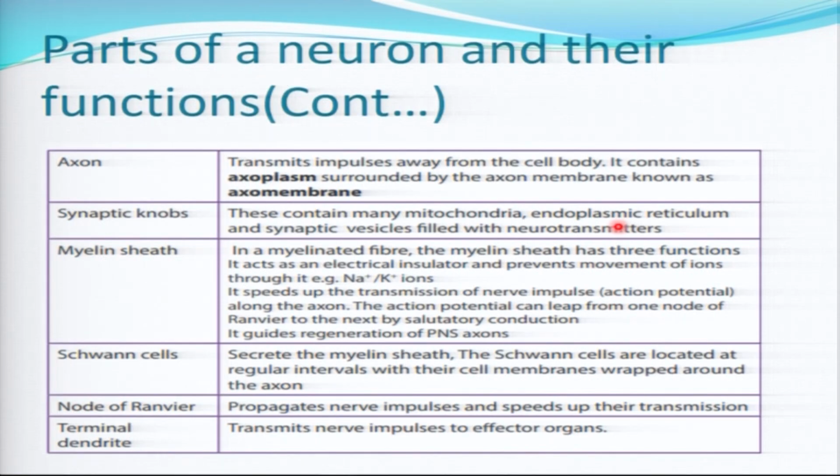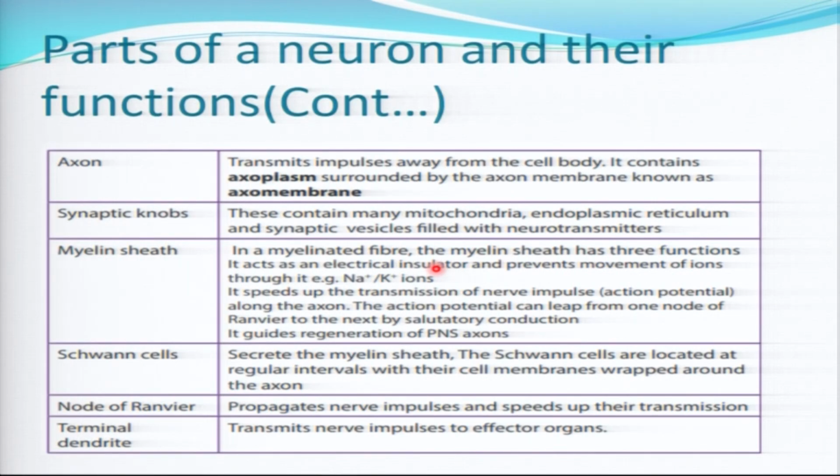Those are synaptic knobs. We have also what you call myelin sheath. Myelin sheath, I will show you on the diagram, contains what you call myelin, lipids. These lipids act as electrical insulator. When the message is passing through the neurons, it has to be carried quickly.